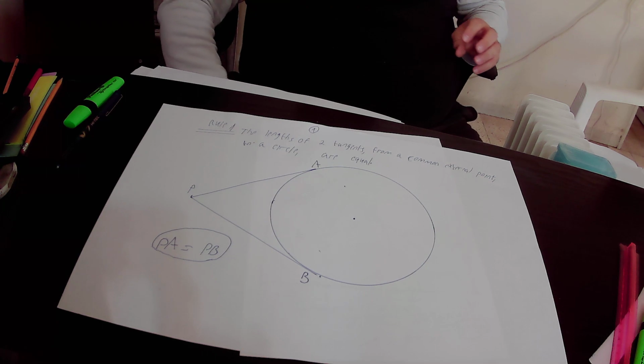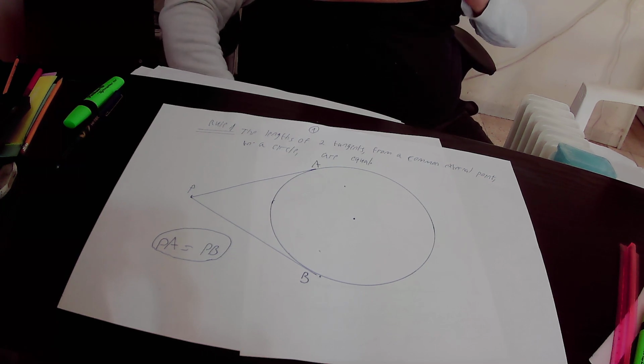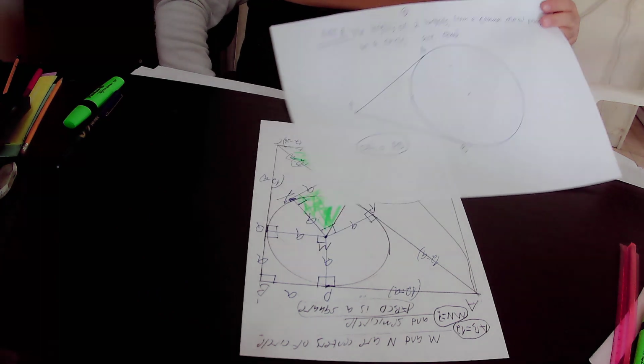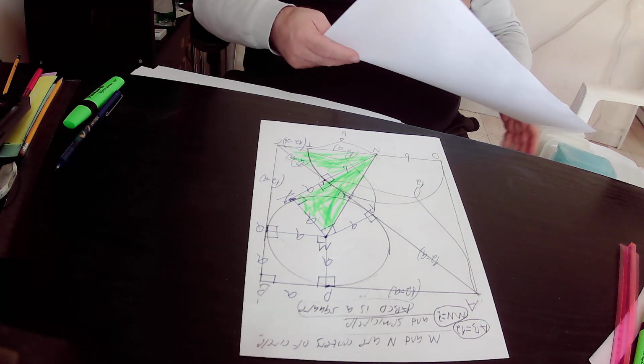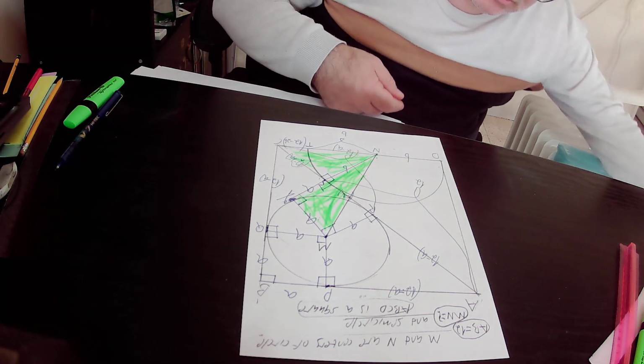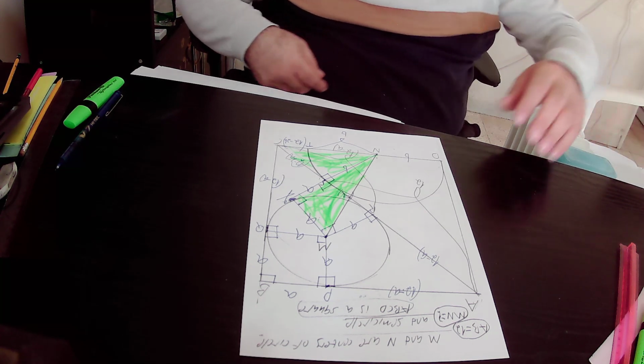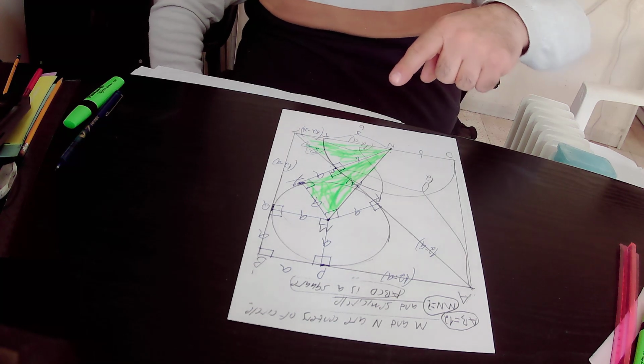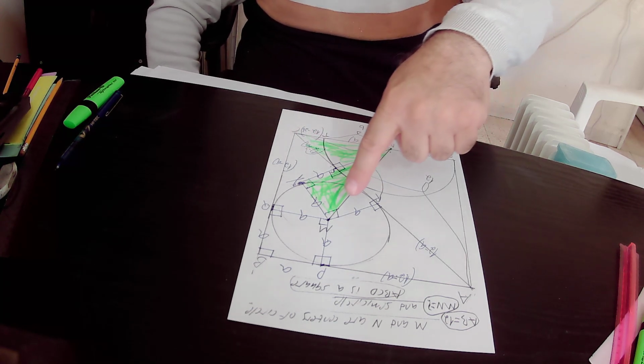So whenever you draw from a common external point two tangents to a circle, the lengths of those two tangents will be equal to each other. In this case, PA will be equal to PB. So here we implemented the rule in our drawing. If we focus on point B, it is the external point in relation to this circle.